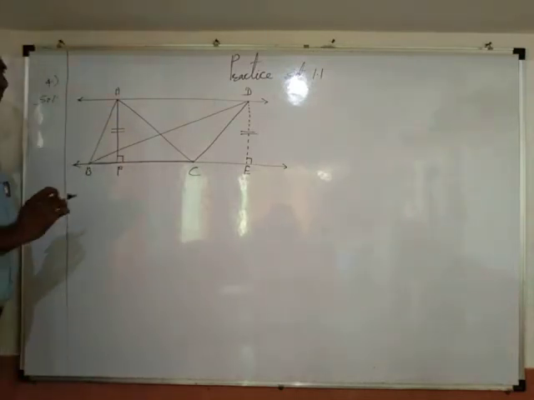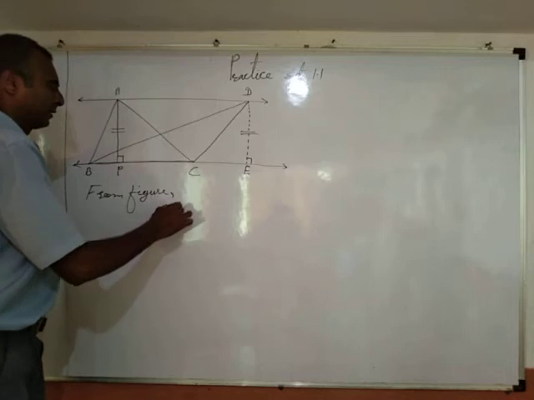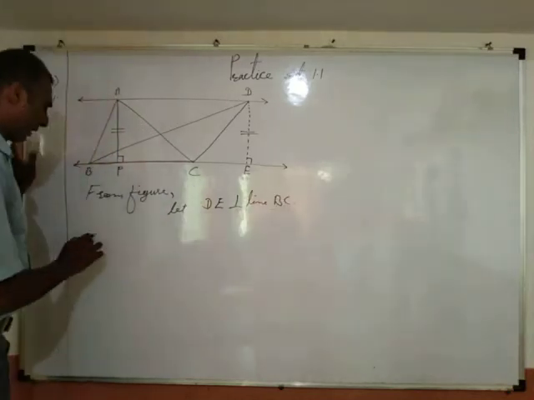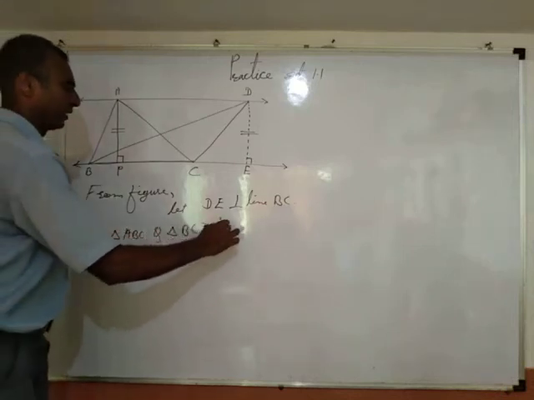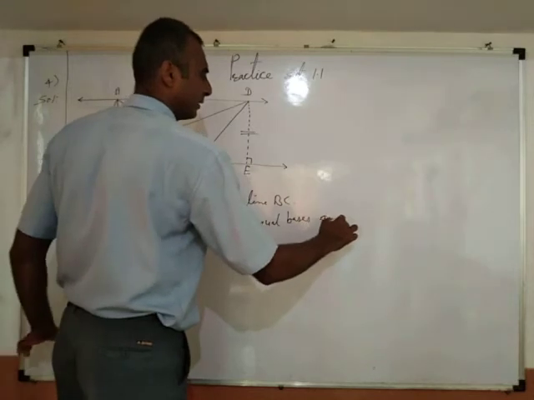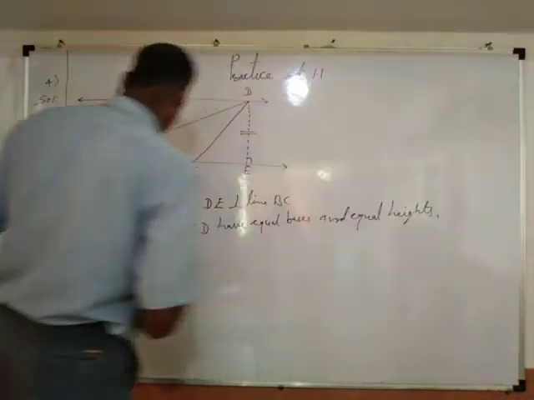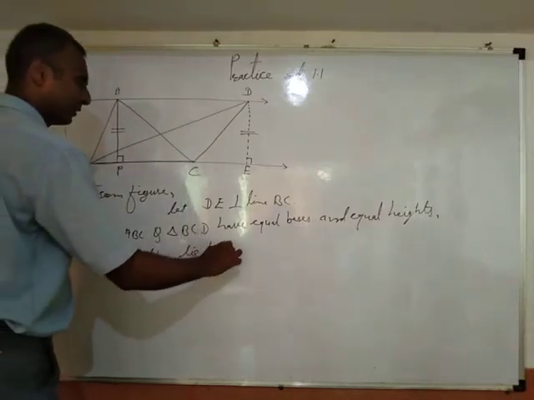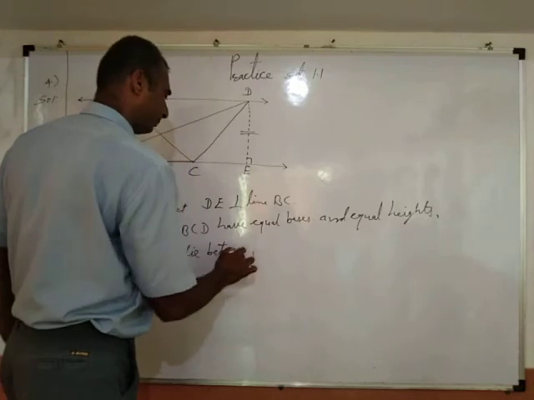Question 4th. Solution. From the figure, let DE be perpendicular to line BC, and therefore triangle ABC and triangle BCD have equal bases and equal heights, since they lie between two parallel lines.